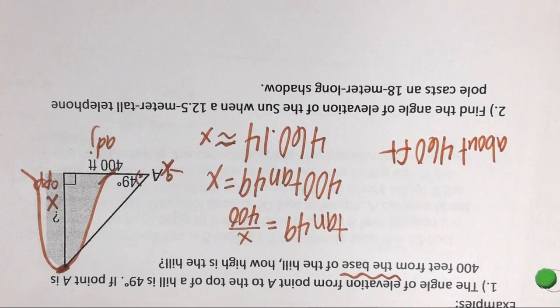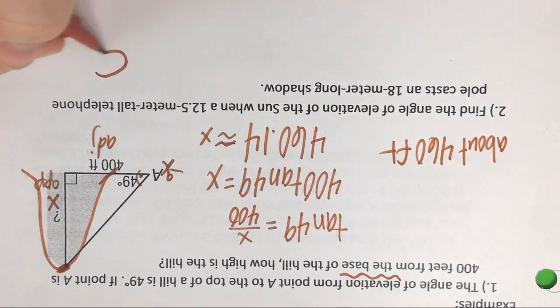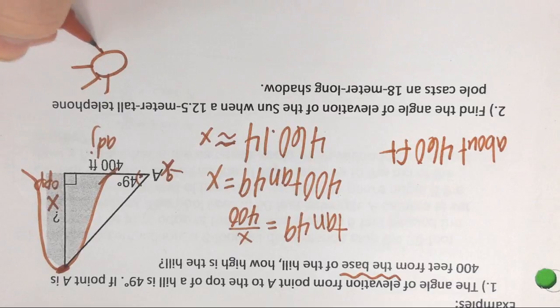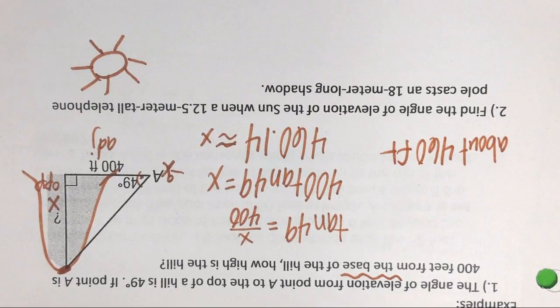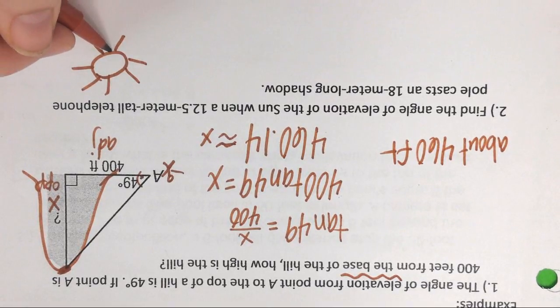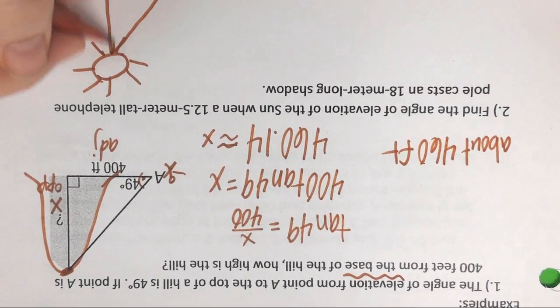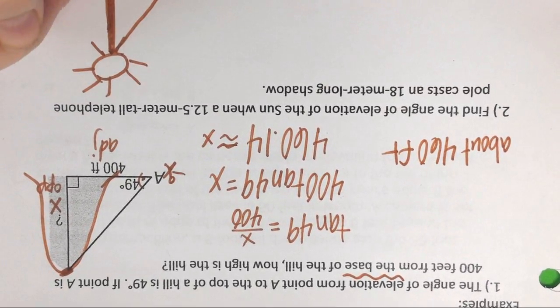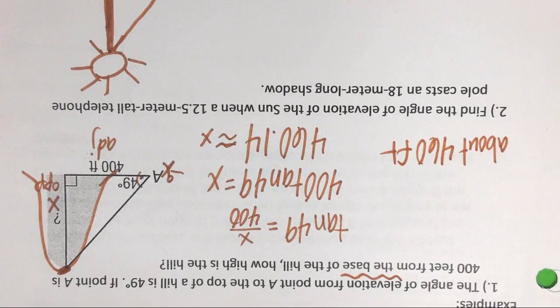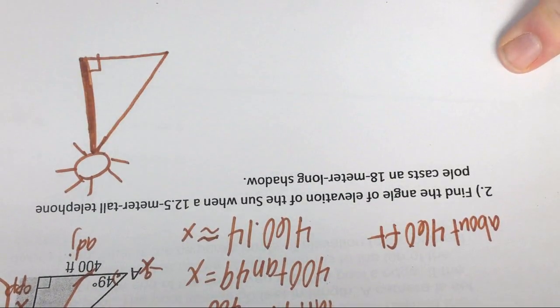Number 2, find the angle of elevation of the sun. So here's my sun. I like to draw pictures. When a 12.5 meter tall telephone pole casts an 18 meter long shadow. So I know this is my pole. How tall is my telephone pole?